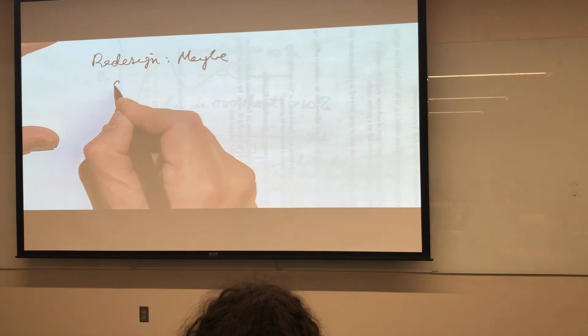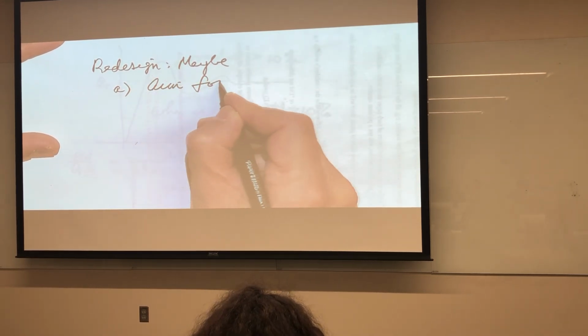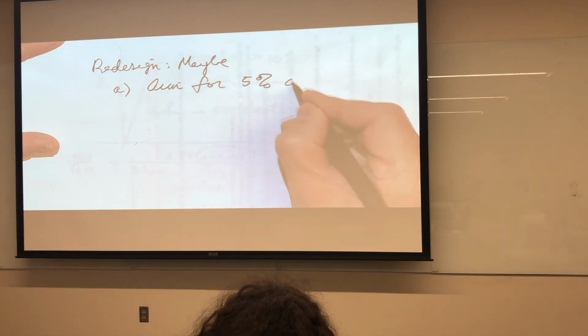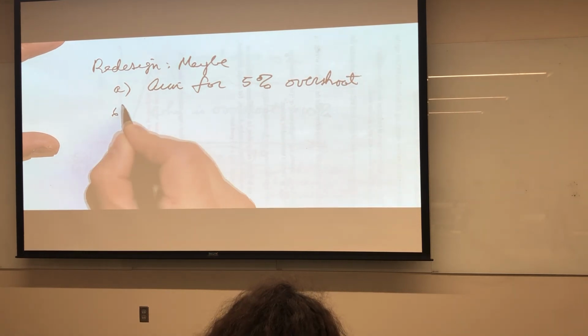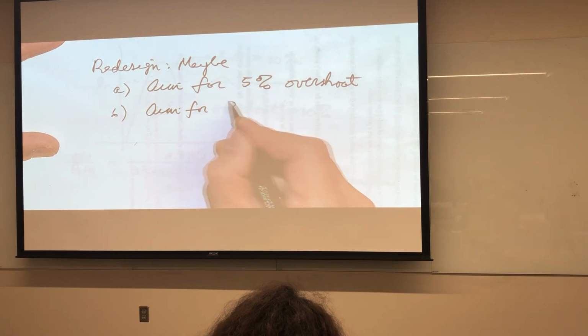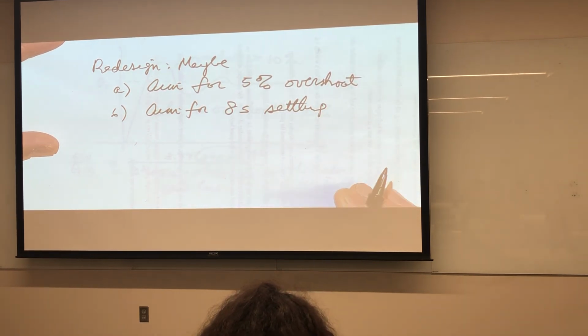Maybe aim for 5% overshoot. Maybe aim for 8 seconds settling. Okay?